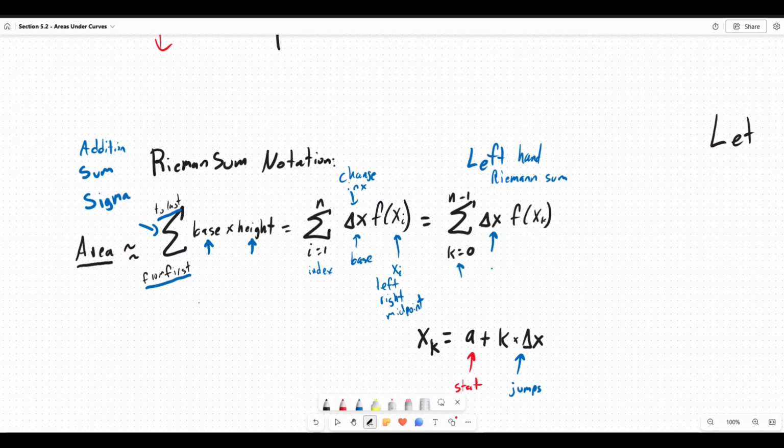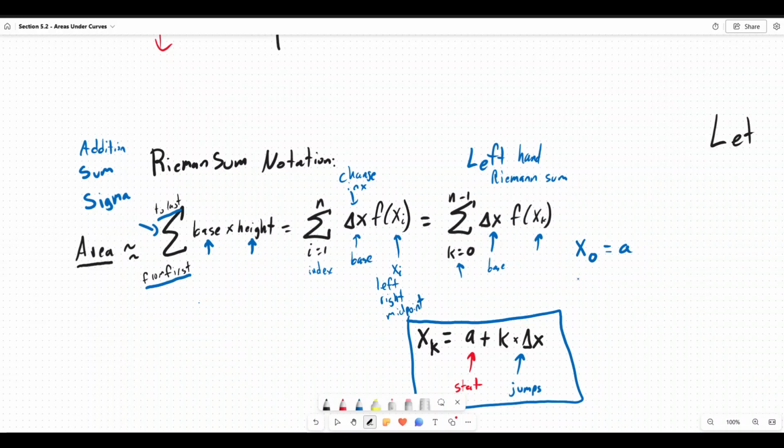Where we once again have the base, and we have this x sub k, where there is an explicit formula for x sub k. Oh, sorry, I'm cutting off some of it. Now, the important thing to note is that x sub 0 is a. That's very, very important.